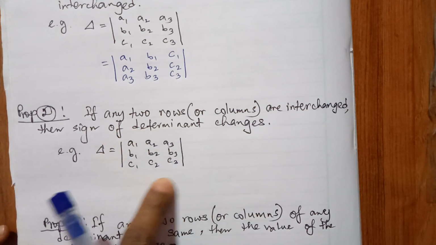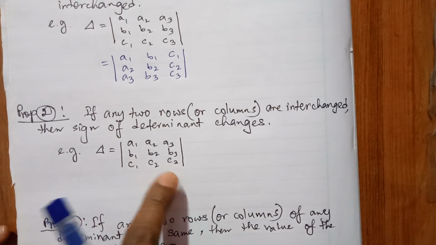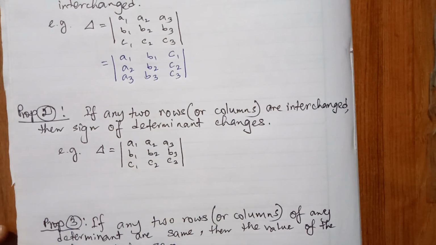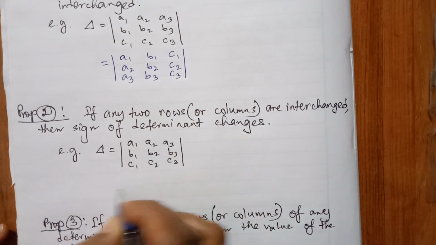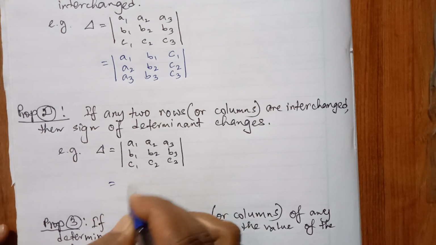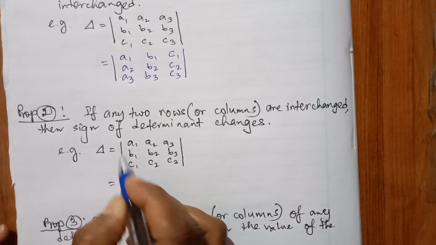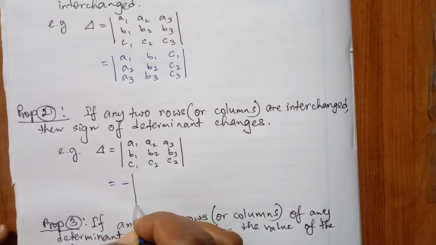Suppose the value of this determinant is 5. If you interchange any two rows or any two columns, then the value of the determinant will be minus 5. You see here I am interchanging, suppose, row 1 and row 3. If here the determinant is positive, then here it will be minus.